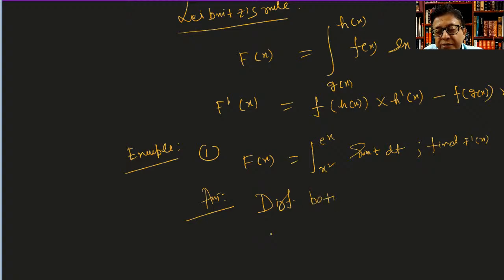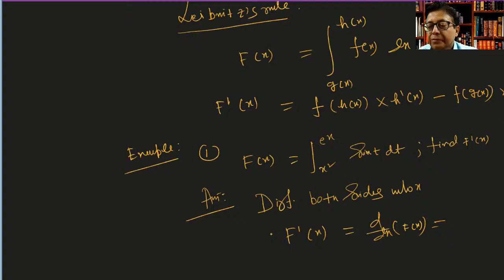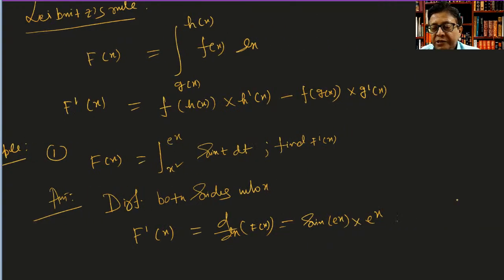Differentiating both sides with respect to x, f'(x) is sin of the upper limit, e to the power x, into the derivative of e to the power x, minus sin of the lower limit, x squared, into the derivative of x squared.